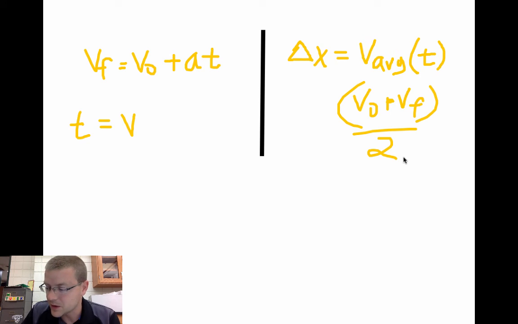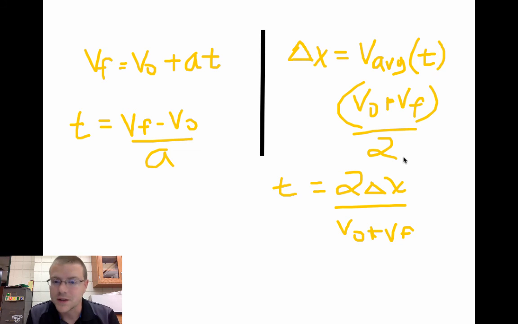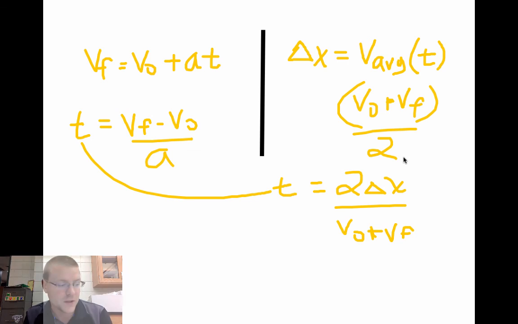So I can have time equals the change in velocity over acceleration. And on this side, I can have time equal to 2 times the displacement over the addition of the two velocities. And since I have two equations now that are solving for time, what I can do is combine these equations together.